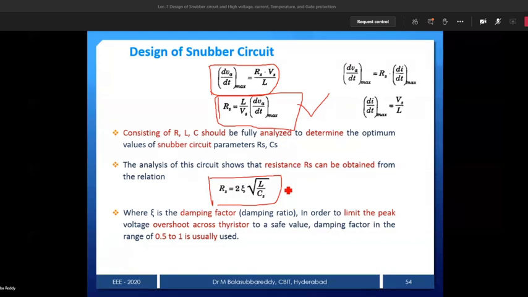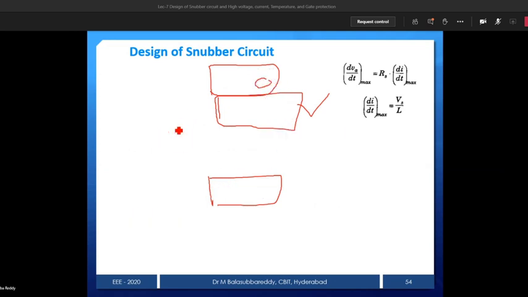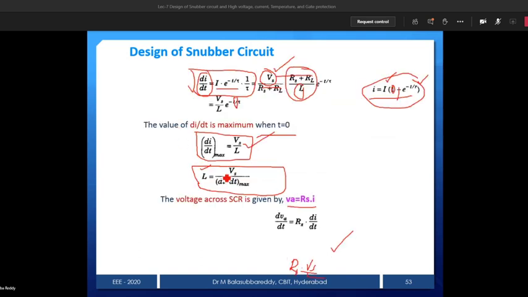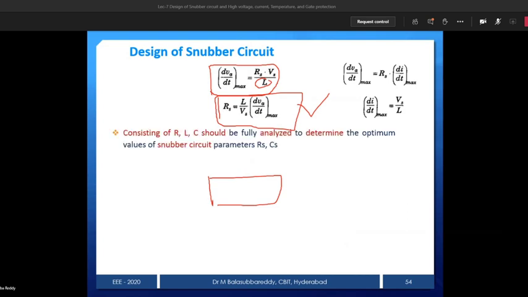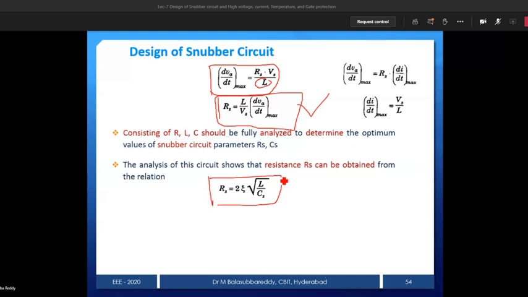But now by making use of this empirical relation, you know the L value, you know the Rs value, because in the previous design, from this you know what is the L. L is nothing but what we derived, Vs by di by dt max. I know the L value, and now there is the empirical relation we got, Rs is equal to this one. From this, what is the Cs? That's all, your design part is completed.